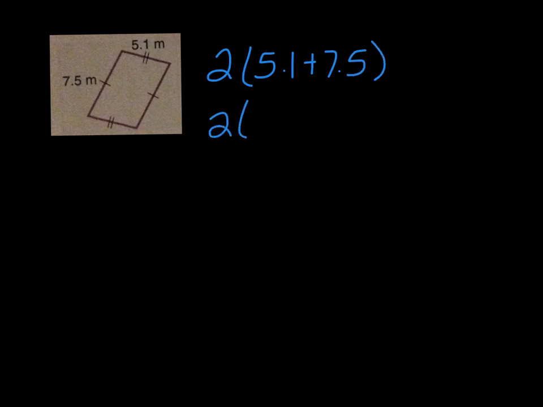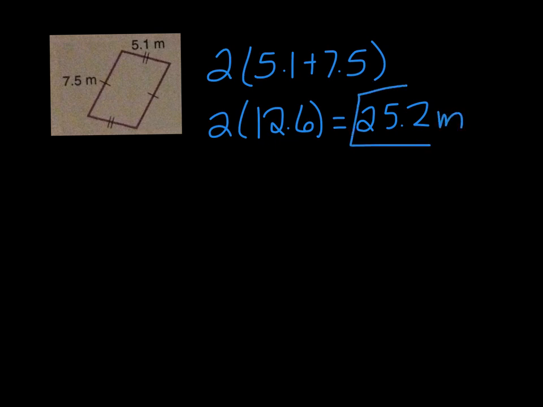That will be 2 times 12.6. When I multiply that by 2, I get 25.2, and the units are meters. So it's 25.2. I hope that's what you were able to get as well.